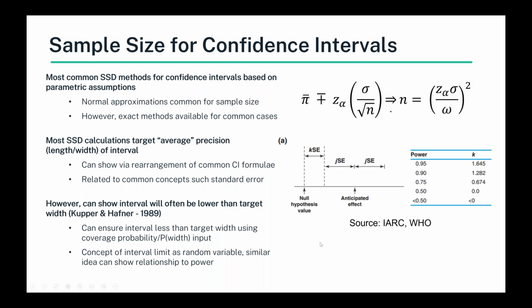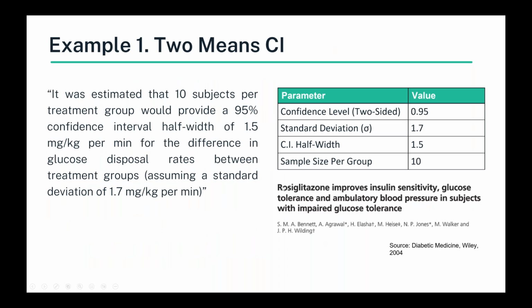Okay, so let's move on to an example of a sample size determination for a confidence interval. This is a very small study with 2 means, probably an early phase trial. It was for rosiglitazone for insulin sensitivity.